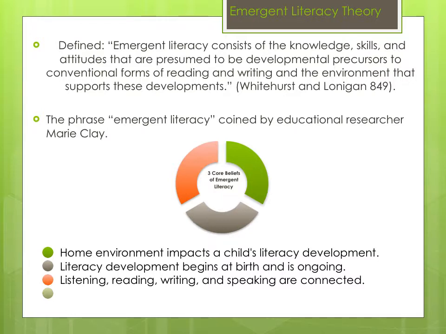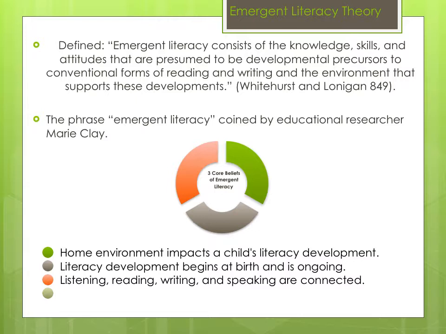The third belief of emergent literacy is that listening, reading, writing, and speaking are all connected. And so this really means that children are slowly layering their knowledge and awareness of those four components: speaking, listening, reading, and writing.